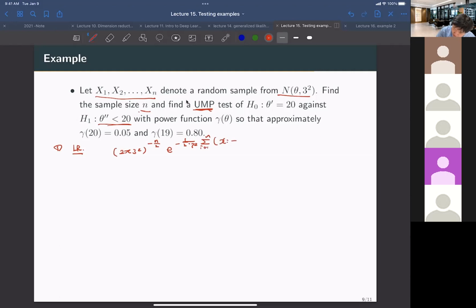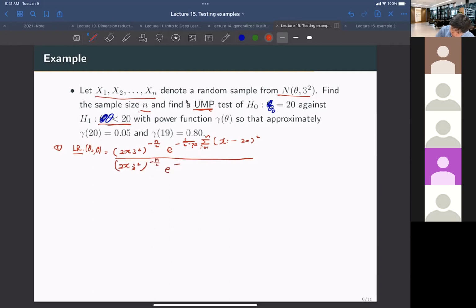Let me rewrite this as theta 0, which is 20 square. So this is the likelihood for the null hypothesis, and then the likelihood for the alternative.